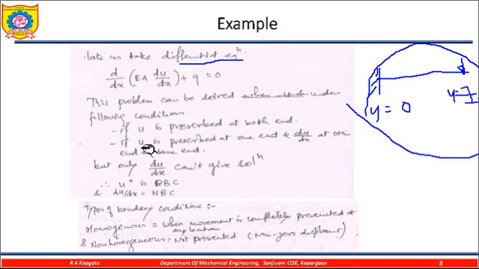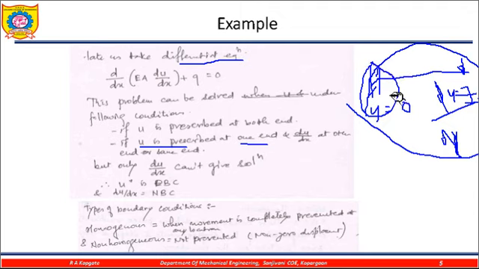Now if we consider u is prescribed at one end, and du by dx is given at the other end, then if du by dx is given at this end, ultimately this is not fixed.